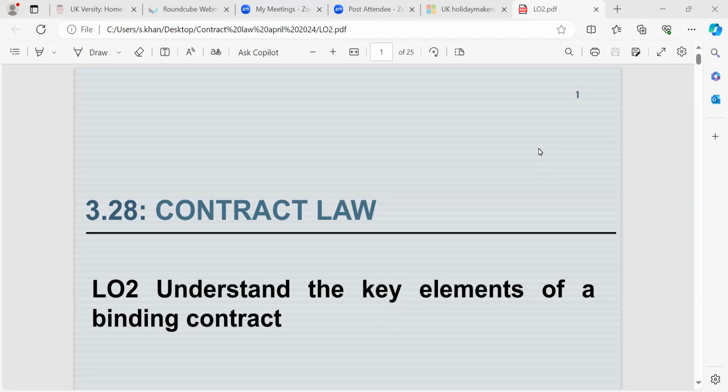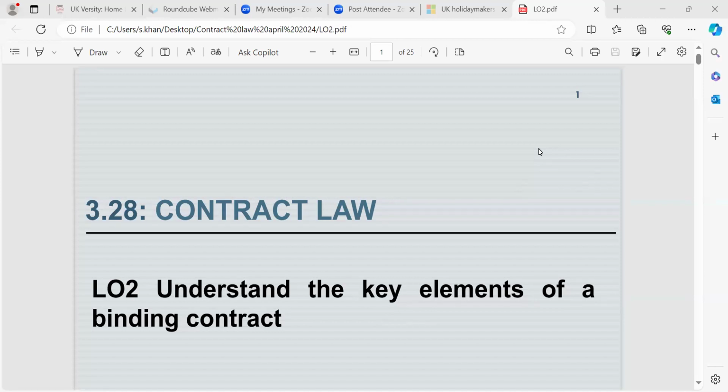We then looked at quasi-contracts, where there's no offer and acceptance, so actually there are no contractual relations between the parties. We then looked at contracts on the basis of consideration: bilateral contracts, where the considerations move in both directions after the contract, and then a unilateral contract, which involves a promise made by only one party.